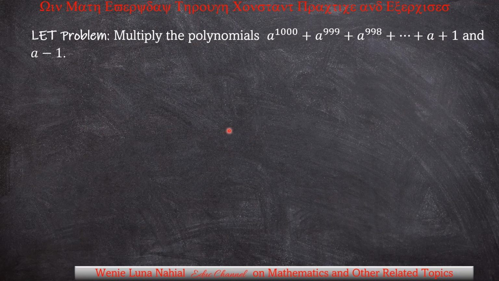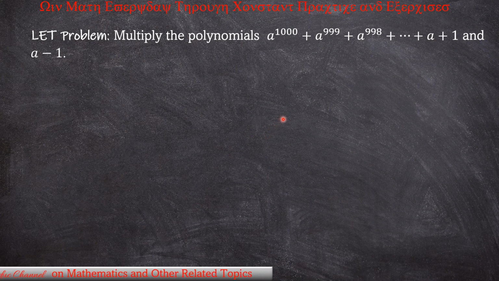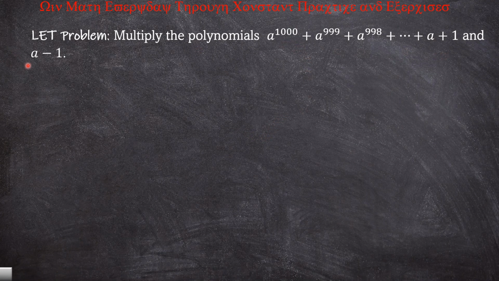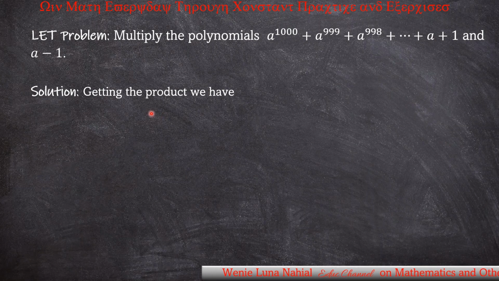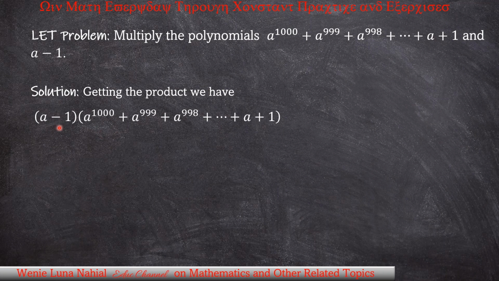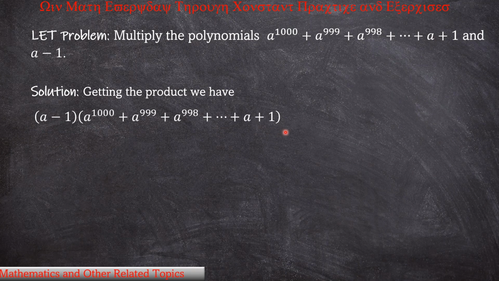So our goal here is to get the product of a polynomial and a binomial. This is a binomial because it has only two terms, while this one has so many terms in this expression. So for the solution, we write it this way because our goal is to get the product.